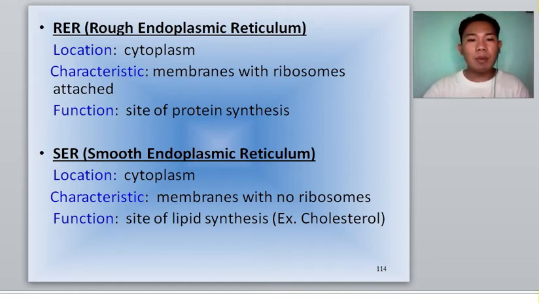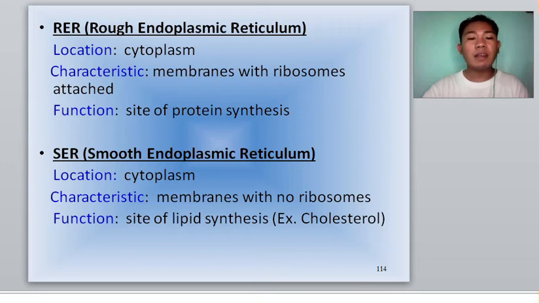Another type of endoplasmic reticulum is the smooth endoplasmic reticulum. The membrane of this structure does not have ribosomes.